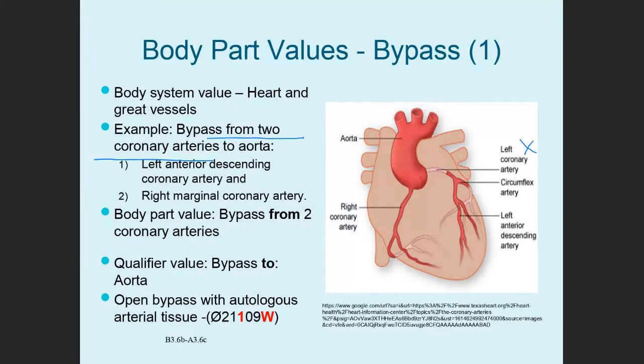So we use 2 coronary arteries, bypass to the aorta. So open bypass with autologous arterial tissue, 021109W. And the W is for the aorta.